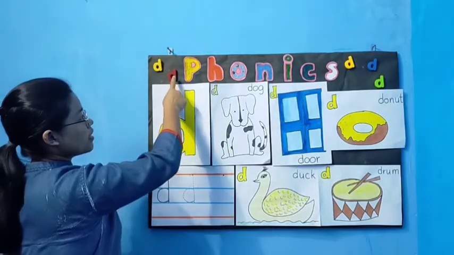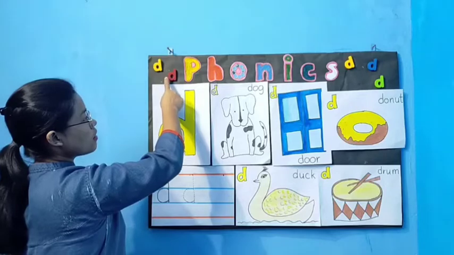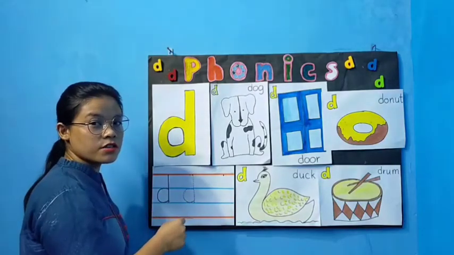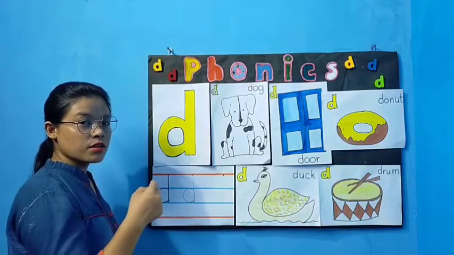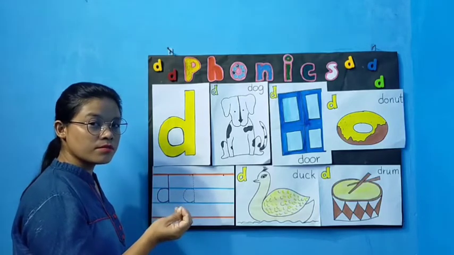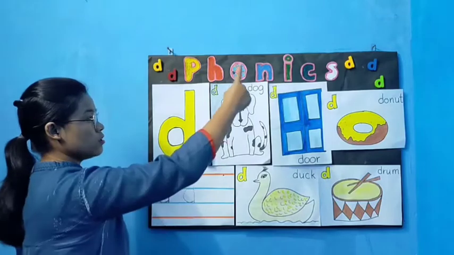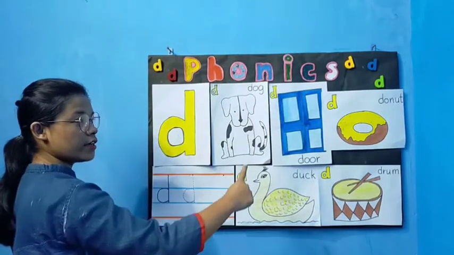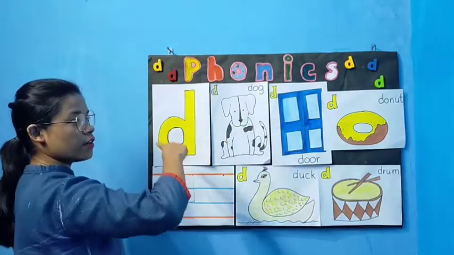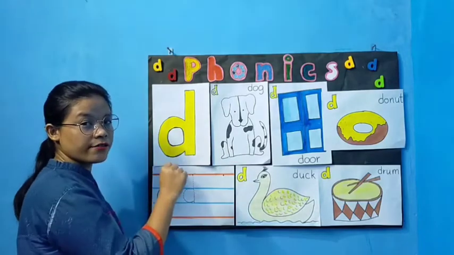Okay, standing line and then the curve to the left. Okay, have you got it? Shall we do it again? Okay, so standing line and the curve to the left.